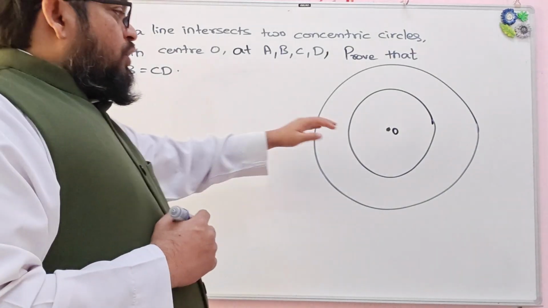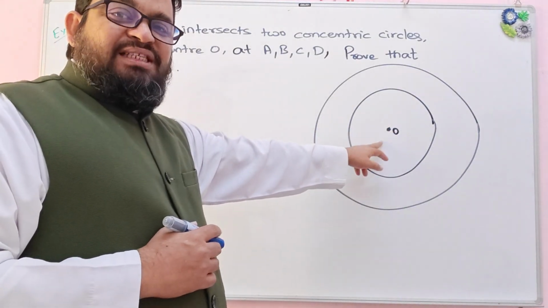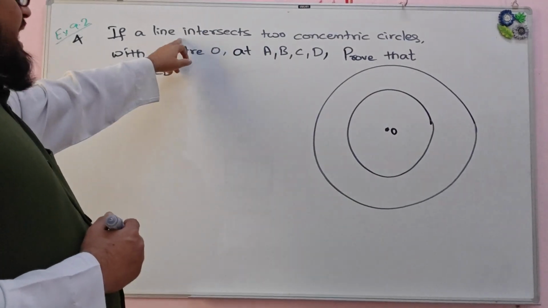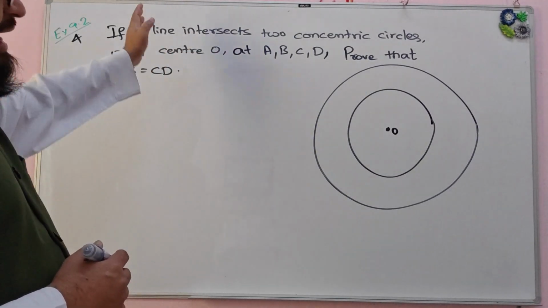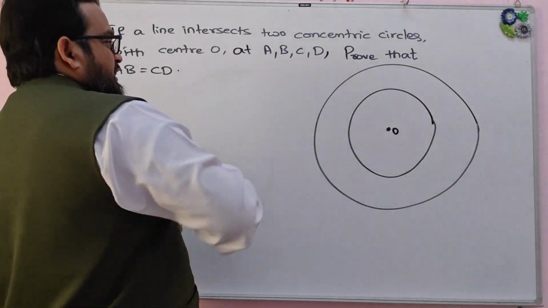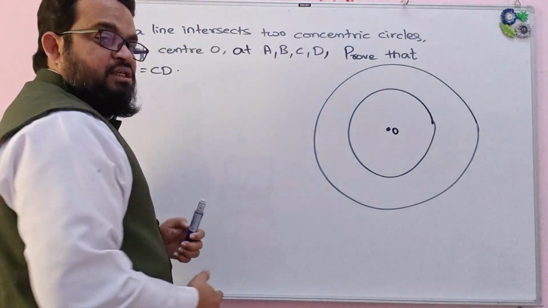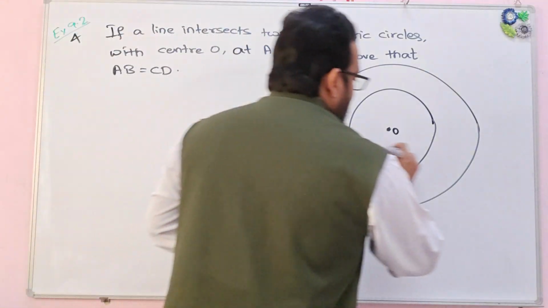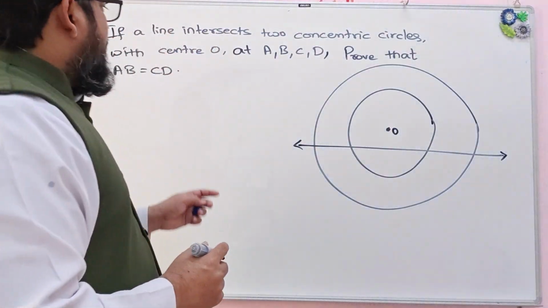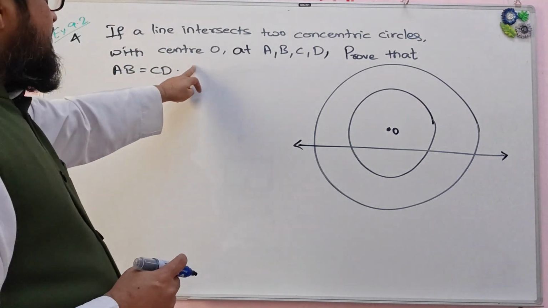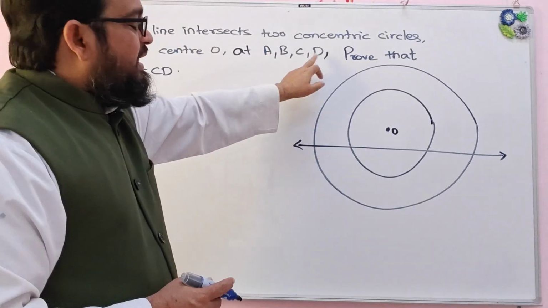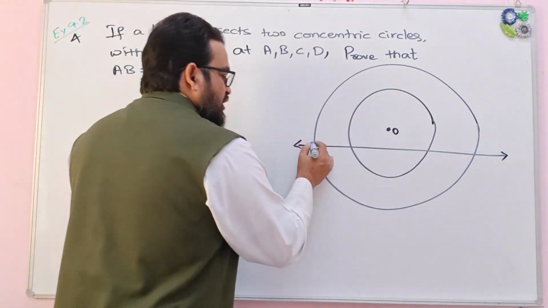Understood? So two concentric circles with center O. If a line intersects two concentric circles, let us draw a line such that it intersects both the concentric circles. So this is the line, and what does the problem say? That they intersect at A, B, C, D. So you have to take in order.